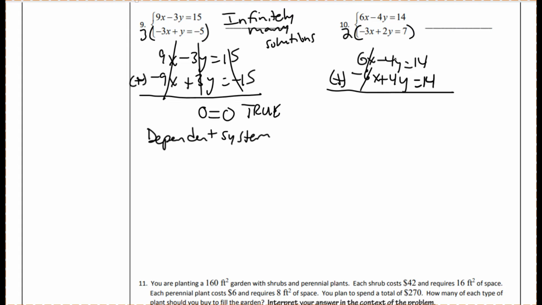However, if I do the y's, I can also eliminate the y if I add those together. So I get 0 on the left side. If I add the right side together, I get 28. So this is a false statement. 0 does not equal 28. So therefore, this is inconsistent. So therefore, we have no solution here.